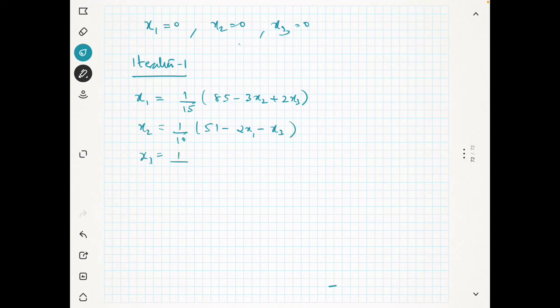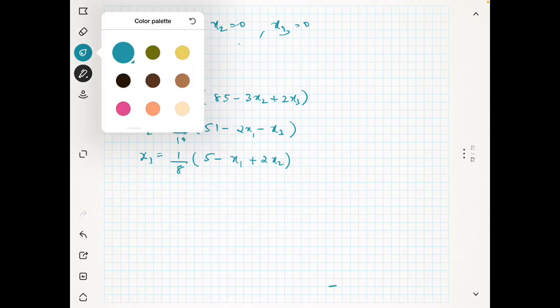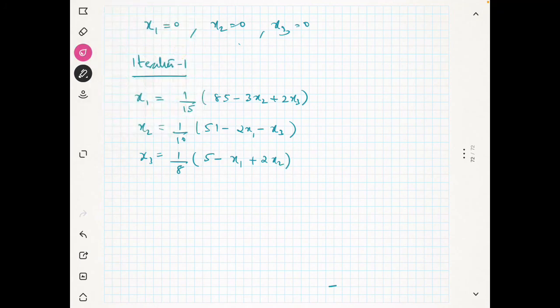And this is 1 by 8 into 5 minus x1 plus 2x2. So now I will put x2 is equal to 0 and x3 is equal to 0. Then what will be the answer?